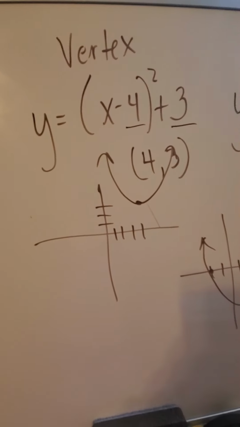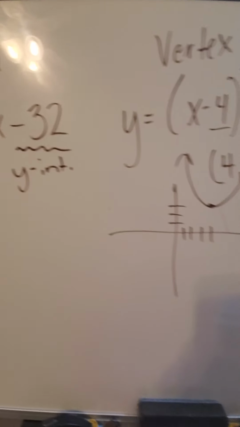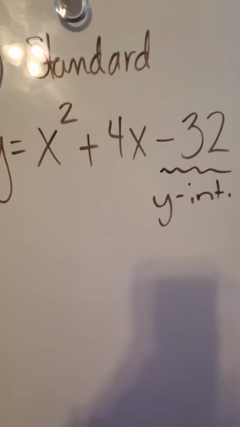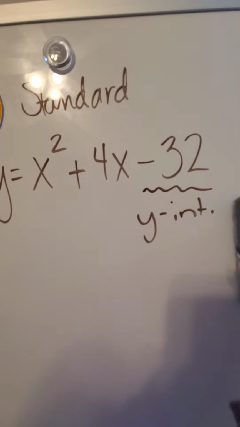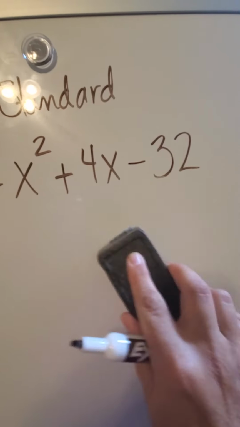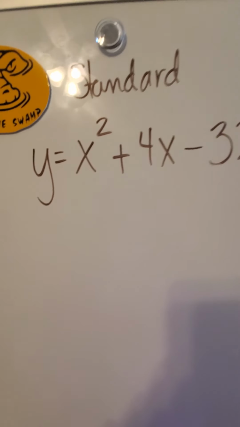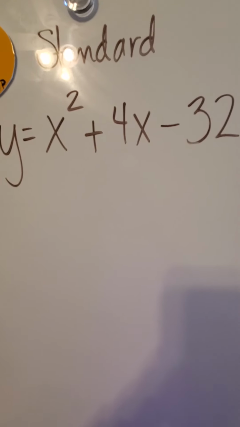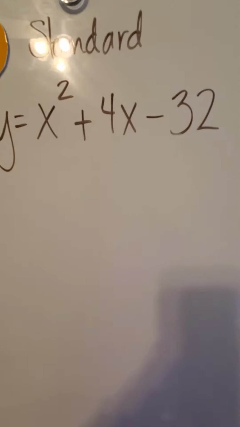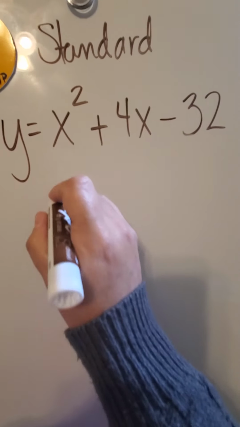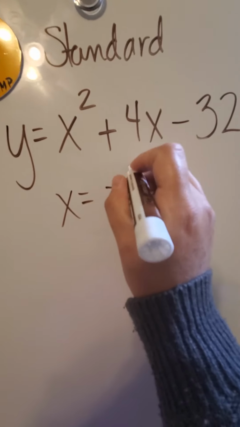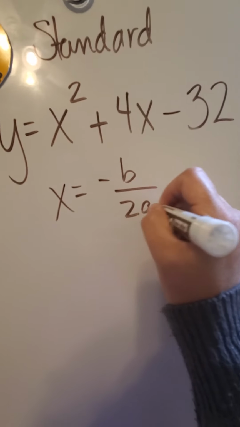Most of the time, you're going to deal with either vertex form or standard form. So let me walk you through standard form real quick. Let's say I'm given this and they want to know where the vertex is. The easiest thing to remember with standard form is I always use this: x equals negative b over 2a.